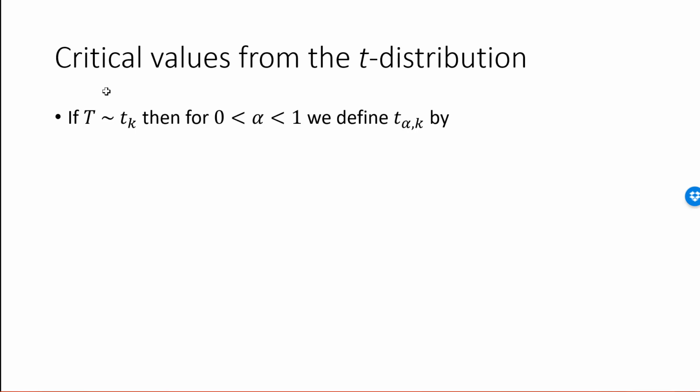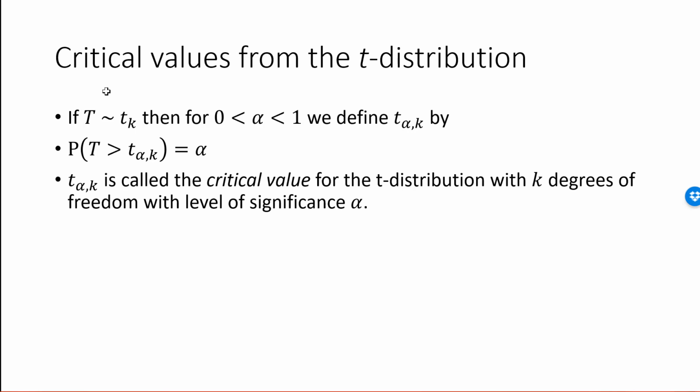So we get a different critical value depending on how many degrees of freedom applies to our t distribution. We define it very similar to the z alpha, just like that. And the name we give to them is the critical values for the t distribution with k degrees of freedom and a level of significance alpha.